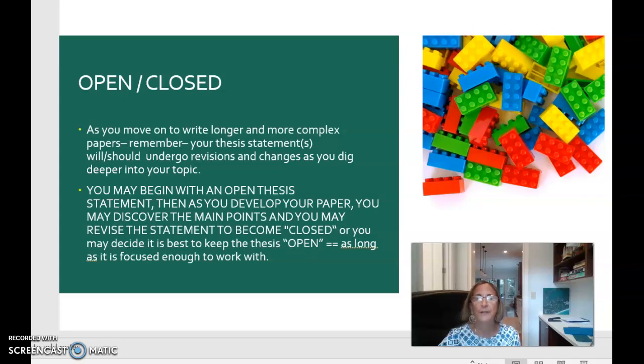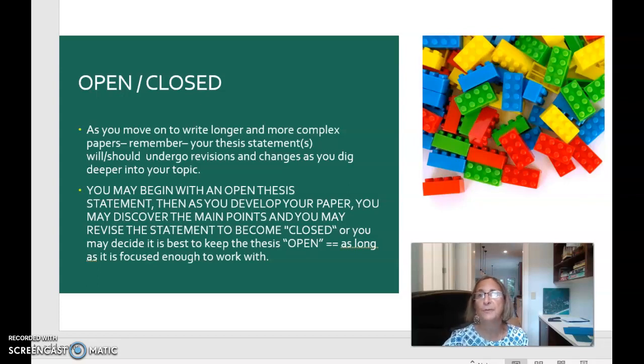As you move on to write longer and more complex papers, the thesis statement should undergo revisions. What might happen is you might start out with an open thesis statement that's a little more general in nature, where the blueprint points aren't specified.